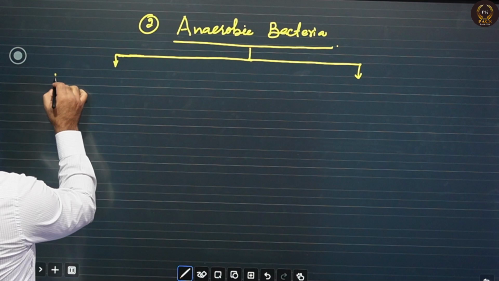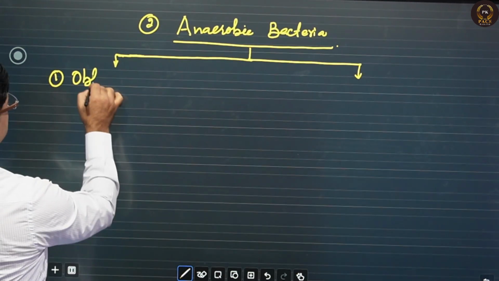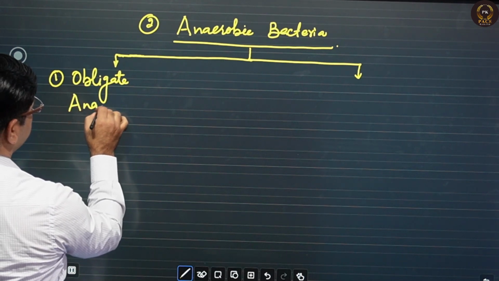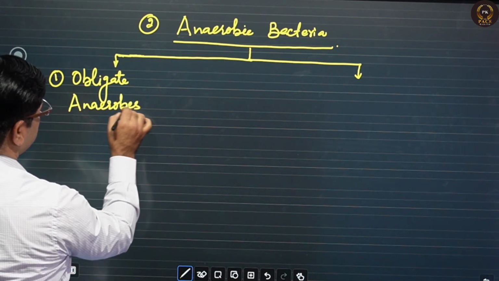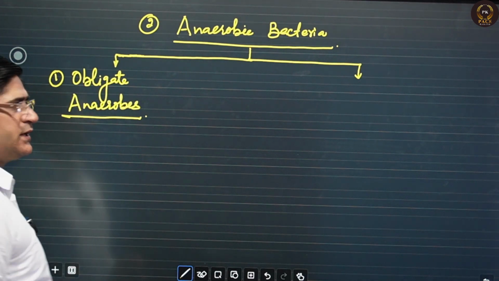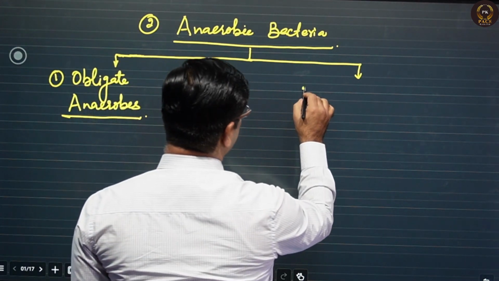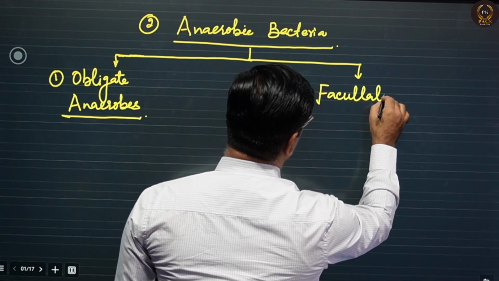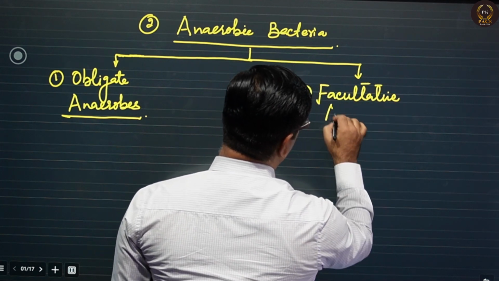One is known as obligate anaerobes, and another is known as facultative anaerobes.